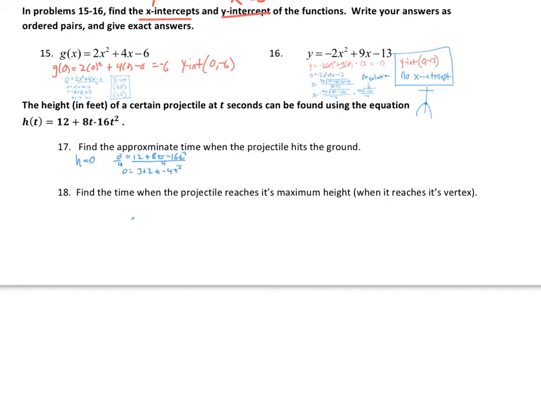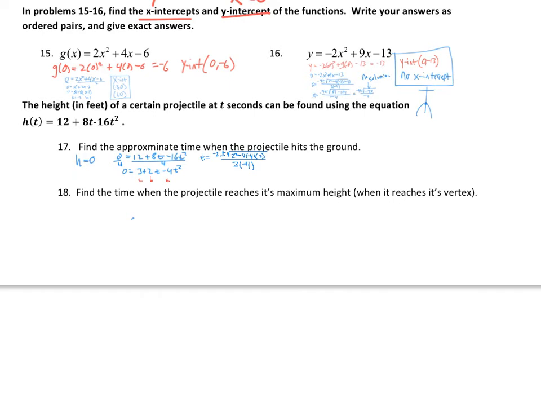So let's go ahead and use the quadratic formula, t in this case, because it's not an x. Now be careful. This is our a, b, and c. If you want to rewrite it in standard form, go right ahead. That's great. t equals negative b plus or minus the square root of b squared minus 4ac all over 2a. Okay.